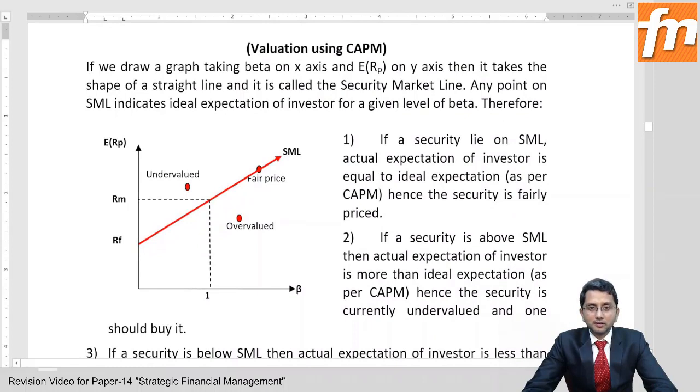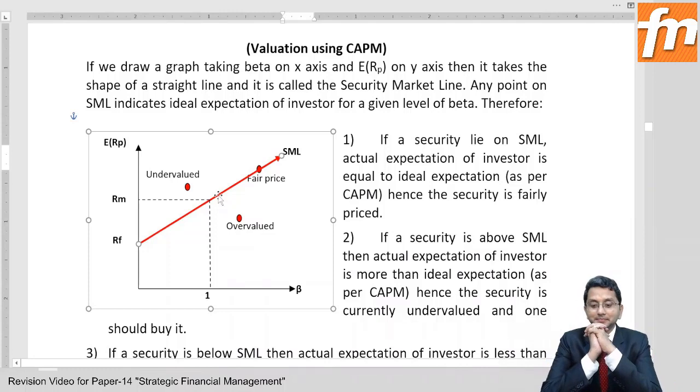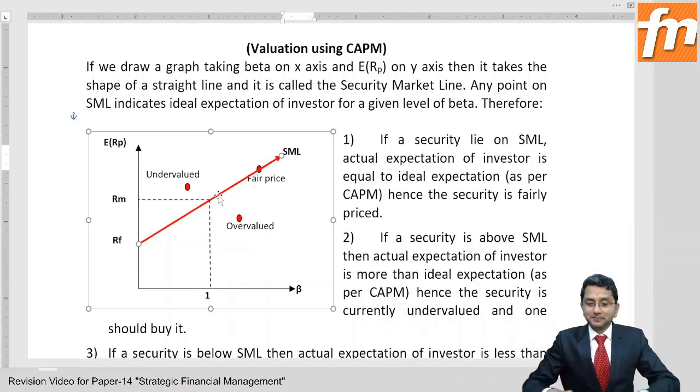Let's make a graphical presentation of CAPM. If I take beta on x-axis and ERP on y-axis, and calculate various values, then a straight line like this red line will be drawn. What do you observe in this straight line?